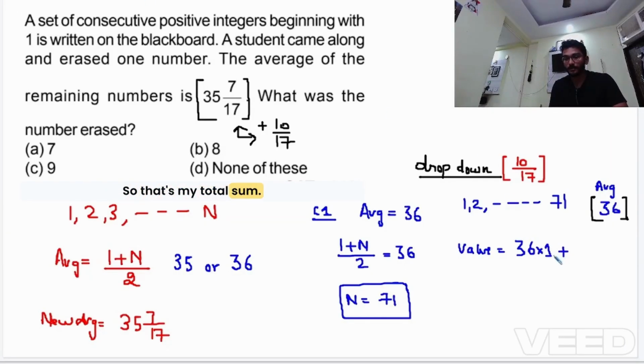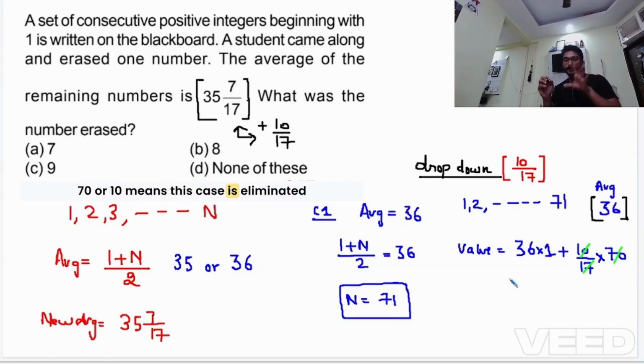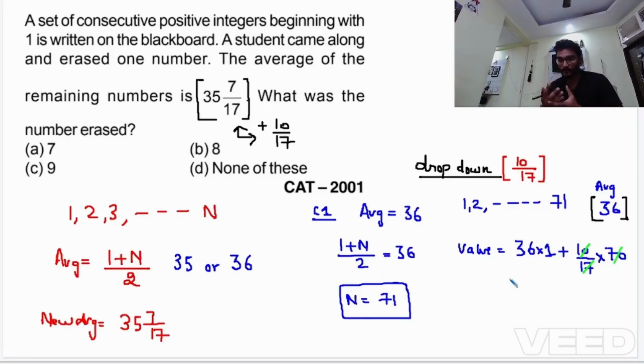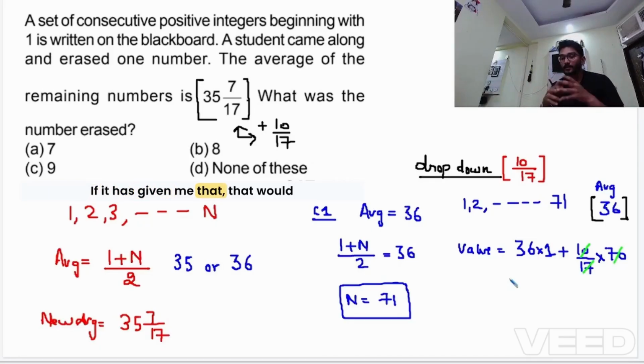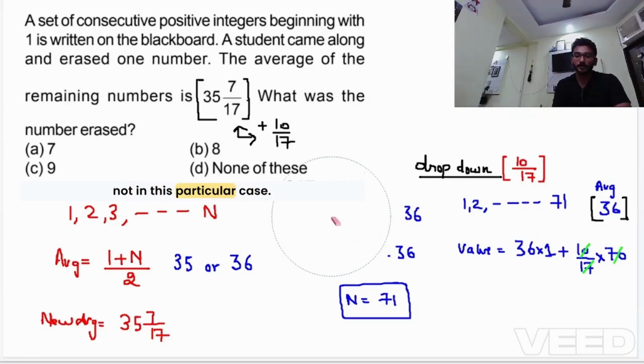So that's my total sum. 10 by 17 is the change in average for how many quantities? For 70 quantities. If I look at this expression, I can say 17 is not cancelling either 70 or 10, which means this case is eliminated because it is not giving me any natural number. If it had given me one, that would be the answer, but it was not in this particular case.